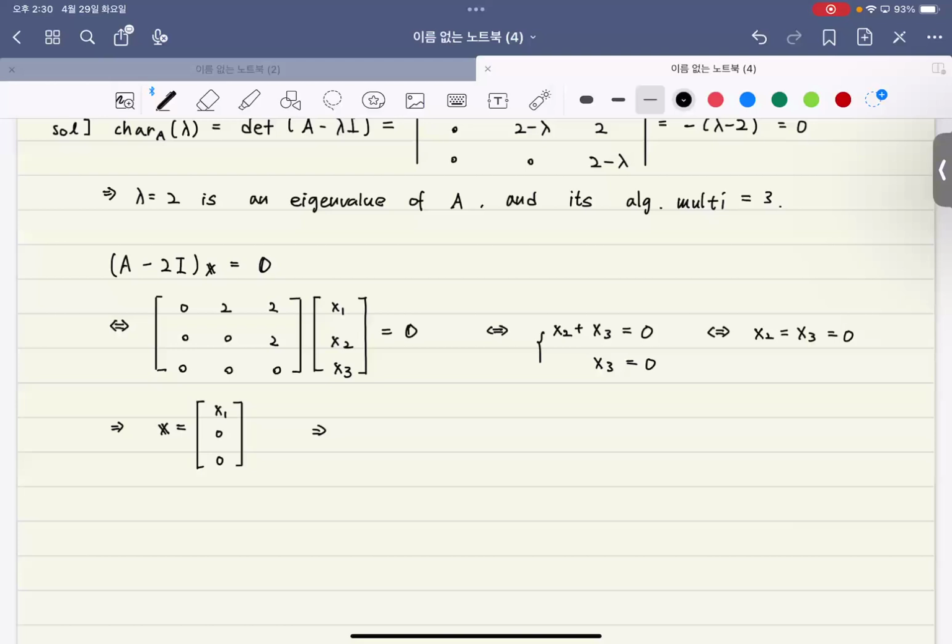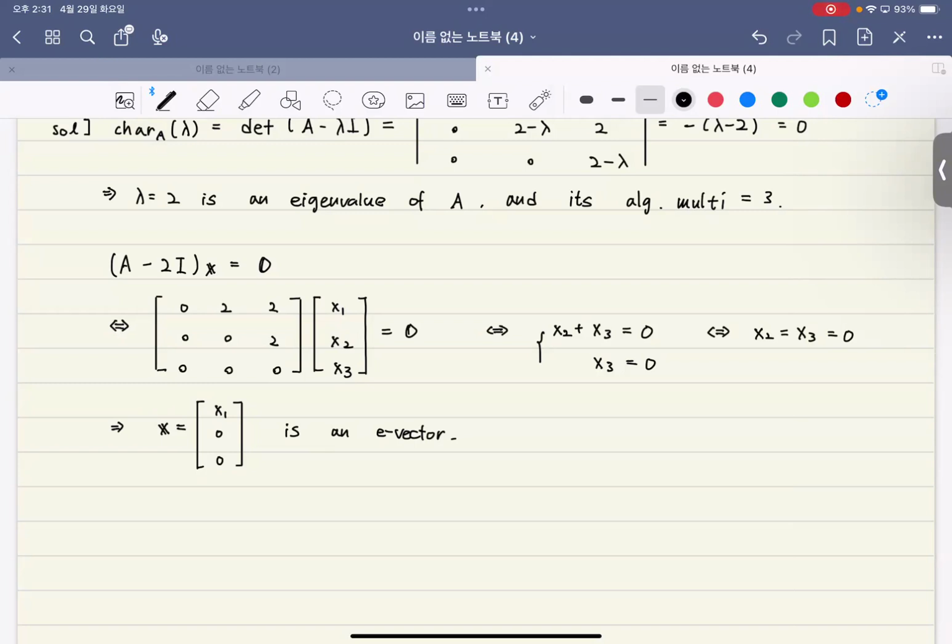What do you think is the dimension of the eigenspace of eigenvalue 2?